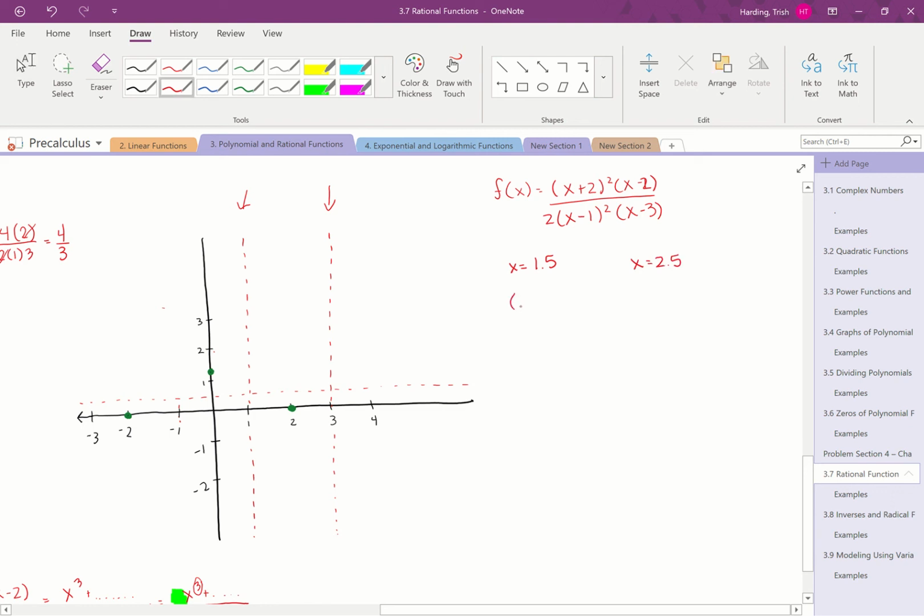So I'm going to get, here we are, 1.5 plus 2 squared, 1.5 minus 2, divided by 2 times 1.5 minus 1 squared, and 1.5 minus 3.